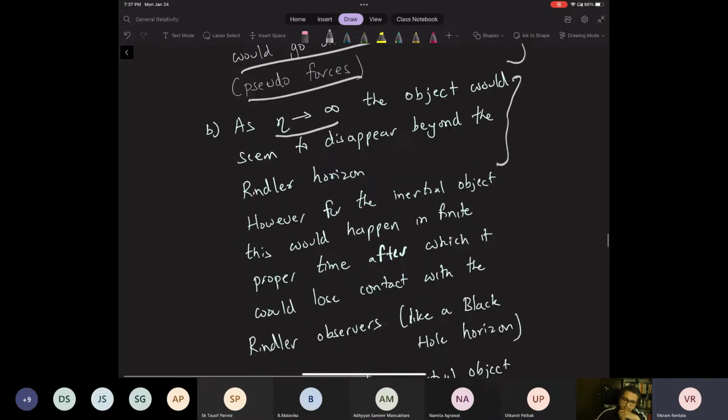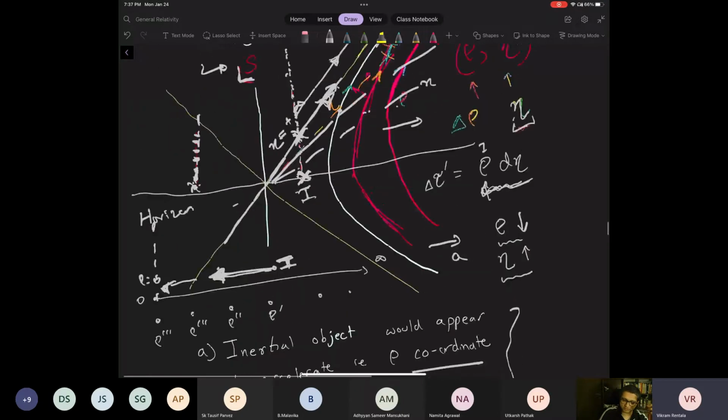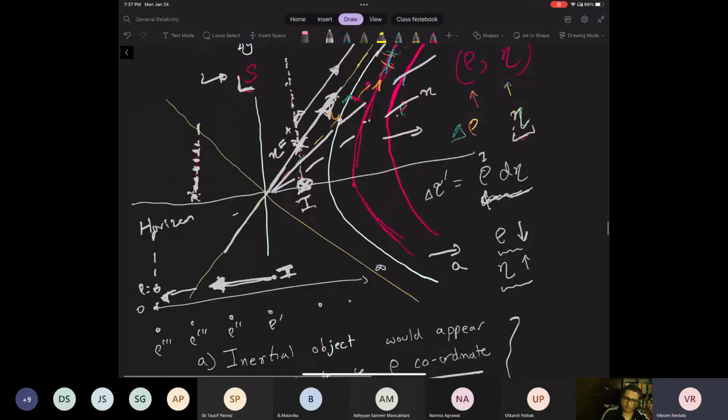However, according to the inertial object, if they are carrying a clock with them, they will see that in a finite proper time, as measured by this time interval, they will cross the Rindler horizon according to their clock. They don't yet know it's a Rindler horizon, because unless they've communicated with these observers, they don't really know there's a Rindler horizon here.